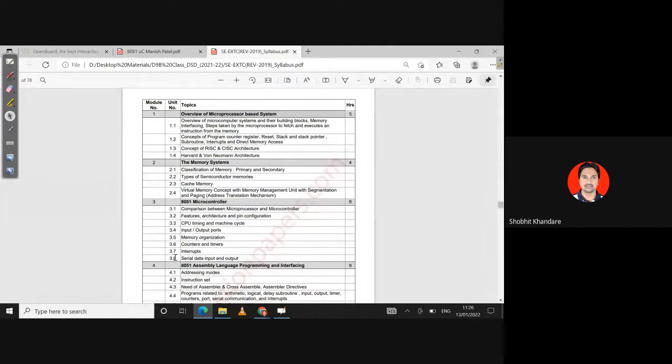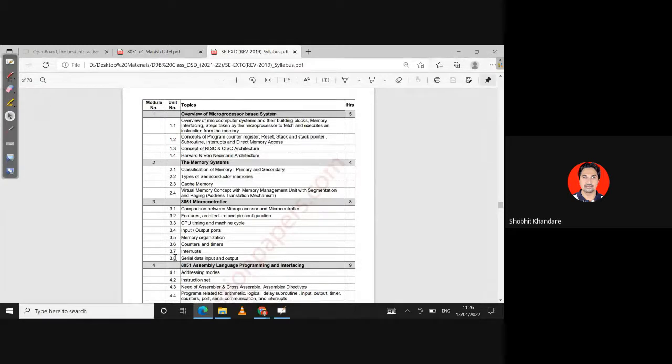This is a subject where we will be understanding the microcontroller, but before we actually start, you should be able to understand microprocessor. You should be able to understand the difference between microprocessor and microcontroller. You should also be able to understand what a microcomputer is.